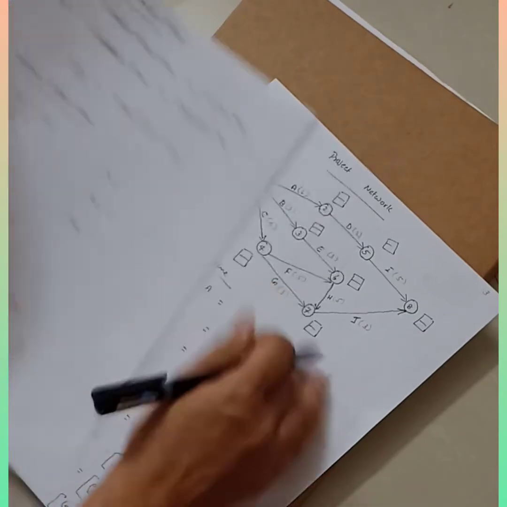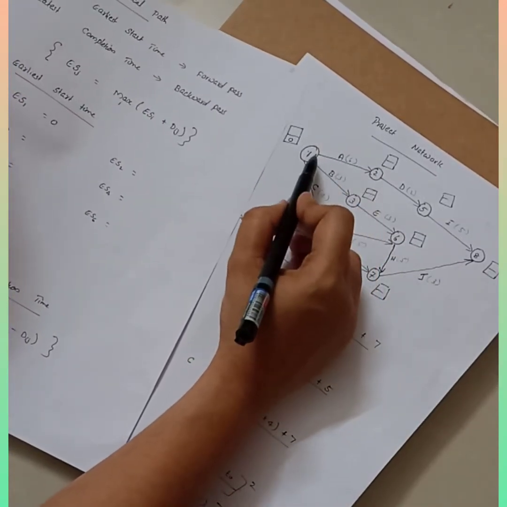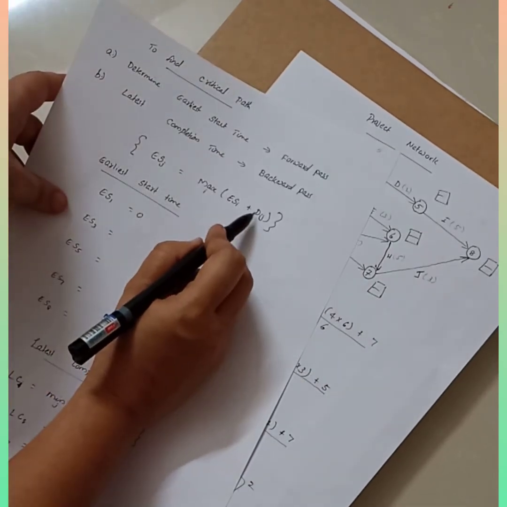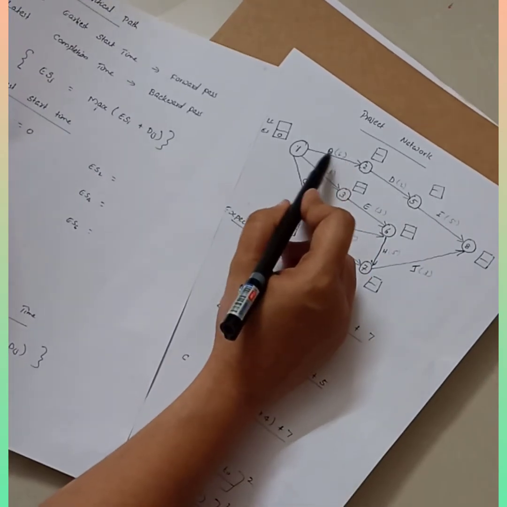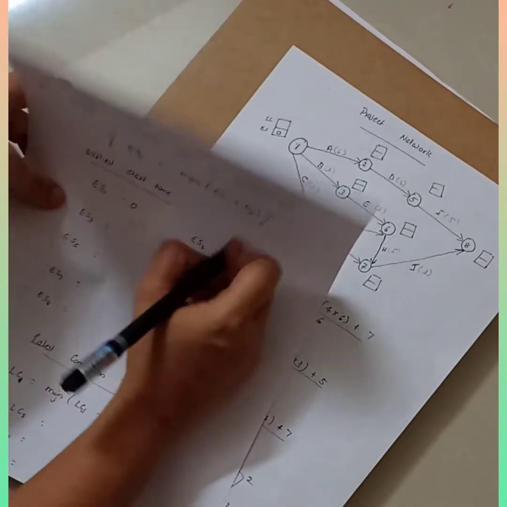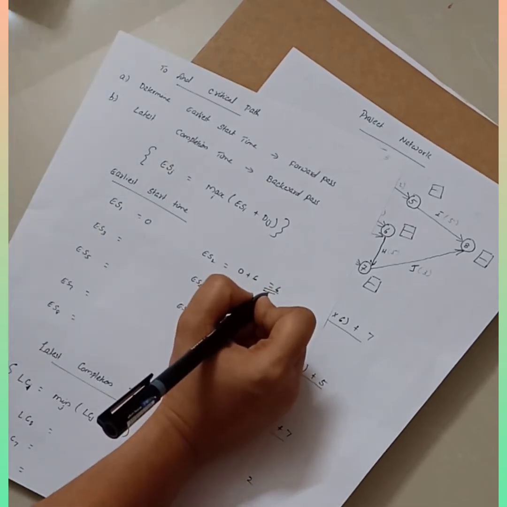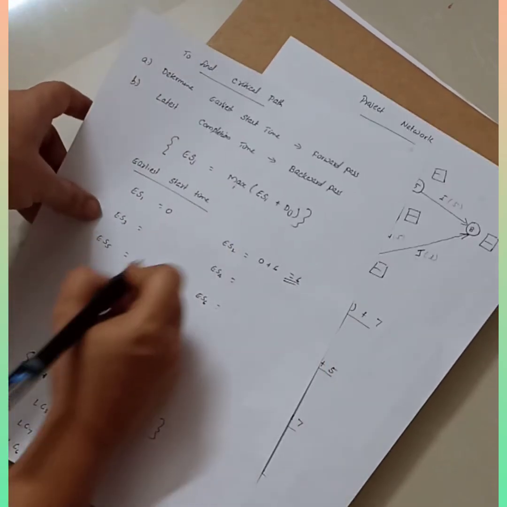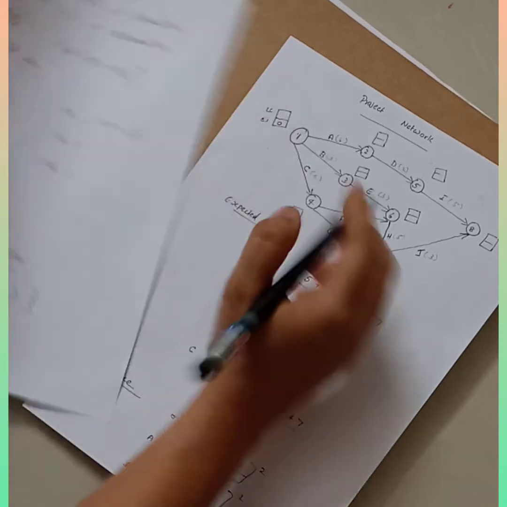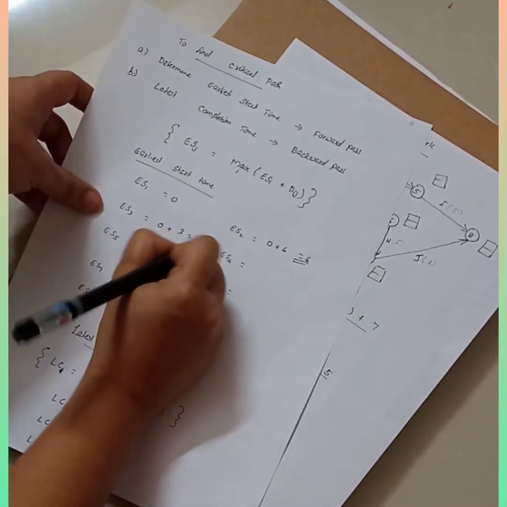Then for the second node, the earliest start time is equal to maximum of ESi plus duration. The preceding activity is A, so 0 plus 6, you will have 6 as the answer. Then for the third one, it is 0 plus 3, so it is 3.